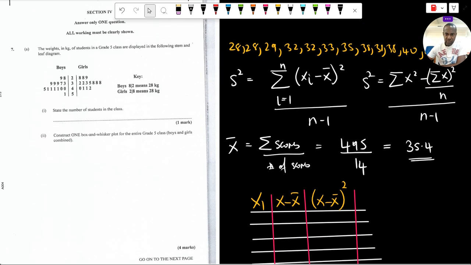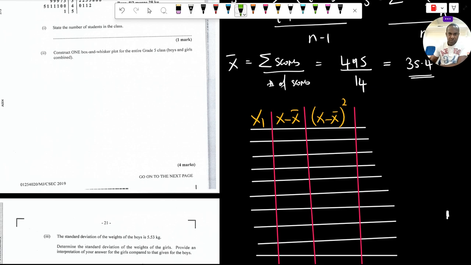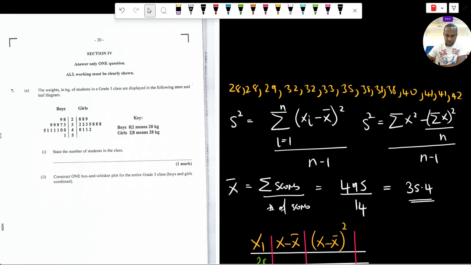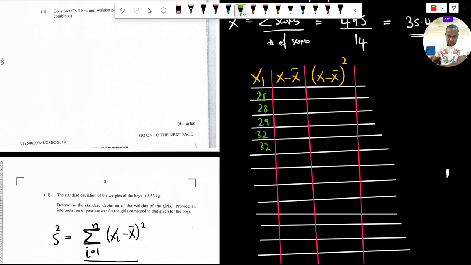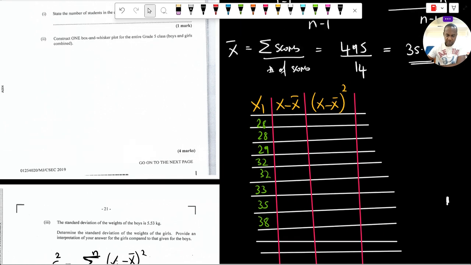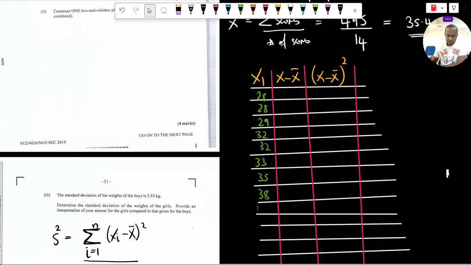All right, so let's put in our x values. Our x values, of course, are 28, 28, 29, 32, 32. Then we have 33, 35, 38, and two more 38s.